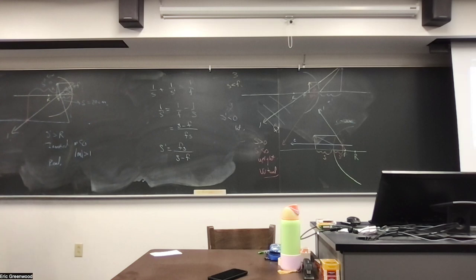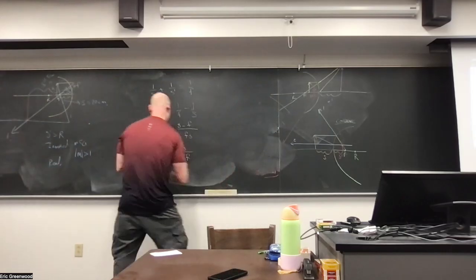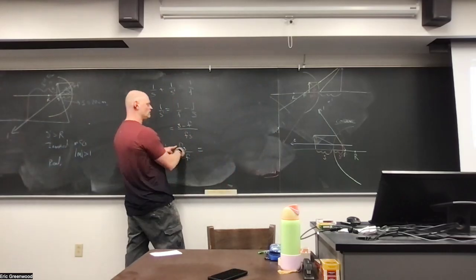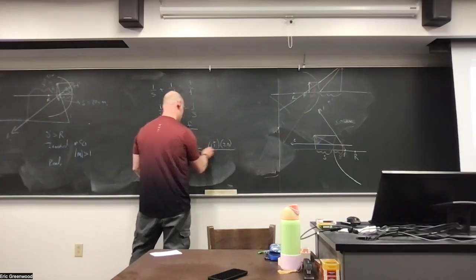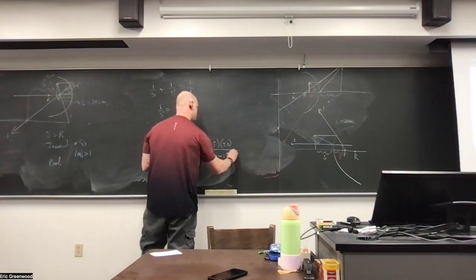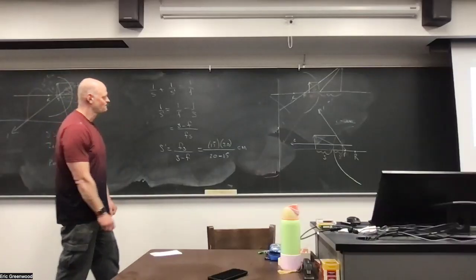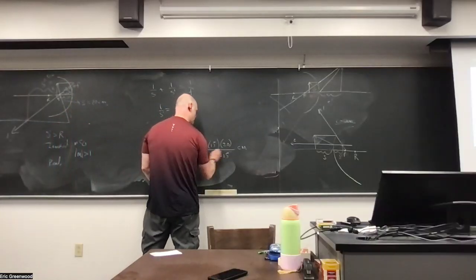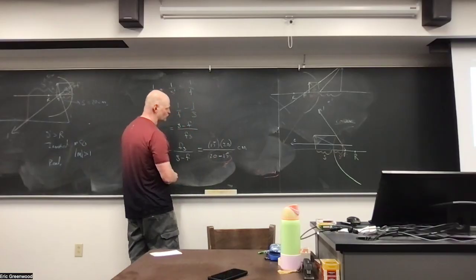Okay, so now from here, let's plug in some numbers. My focal length is 15 times my object distance, which is 20, divided by my object distance, 20, minus 15. And this is all going to have units of centimeters. So this is the same thing as 5, which cancels out with the 15, which makes that 3.